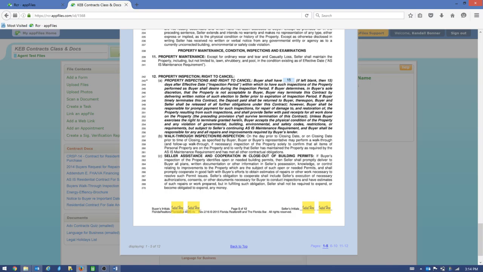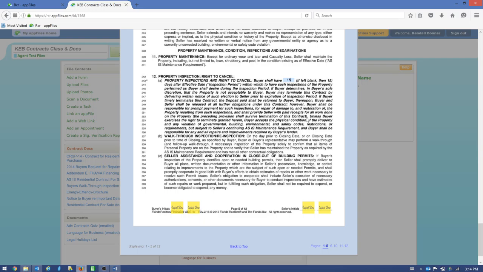The preceding provision shall survive termination of this contract. So before we get to that, basically, if the buyer does not deliver written notice, they may lose their deposit if there's not another contingency attached to the contract.